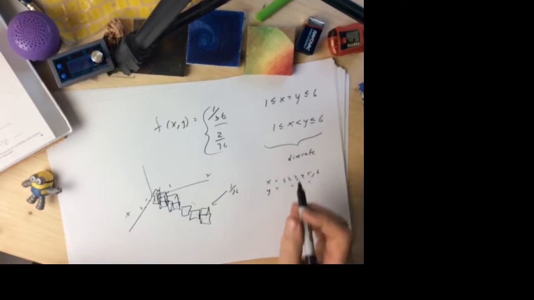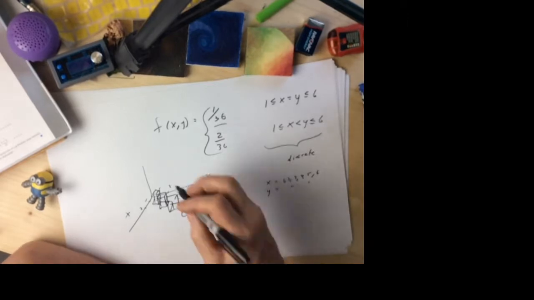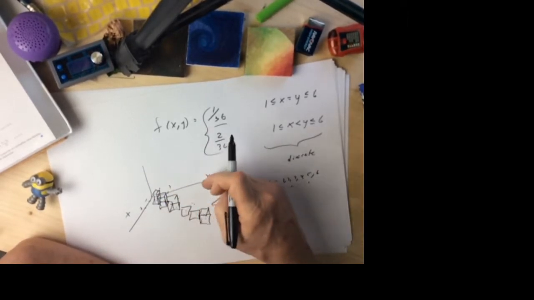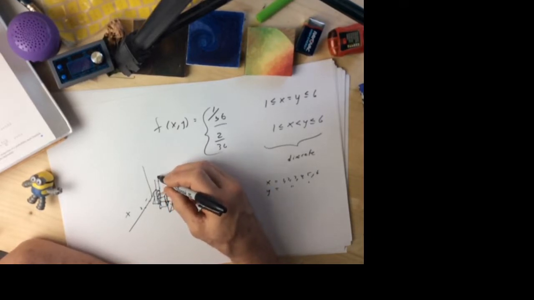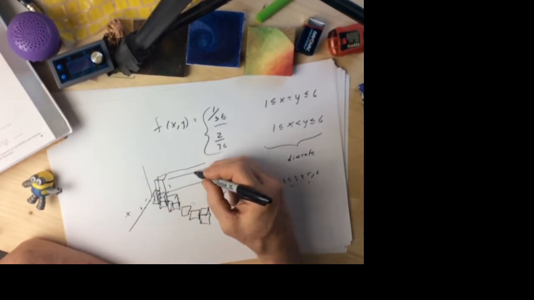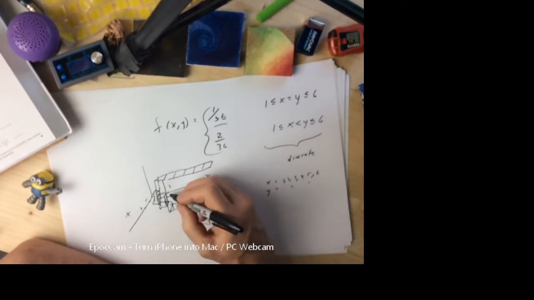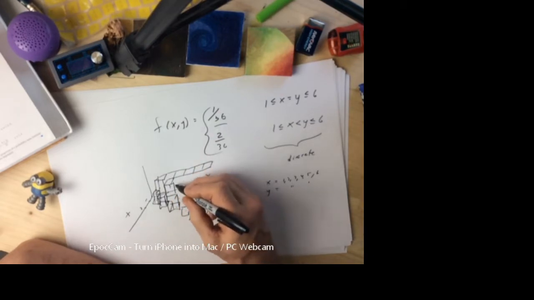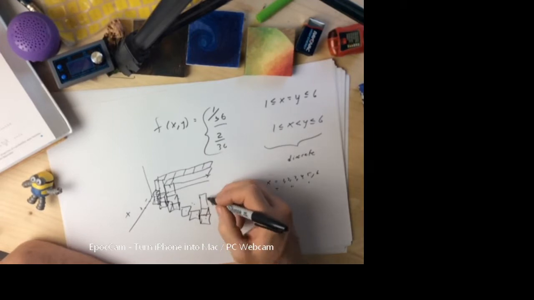Now, when the y's are bigger than x, then they're going to be twice that height. And so all of the values behind here, I can make boxes that are twice as tall. And so here, all the way over to here, here, all the way over to here.